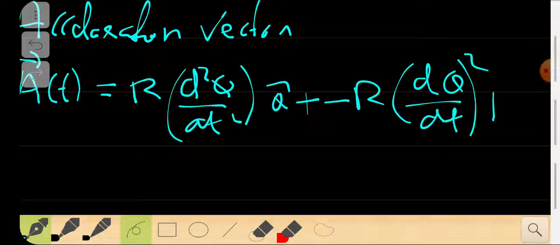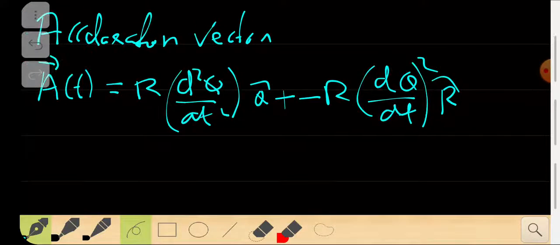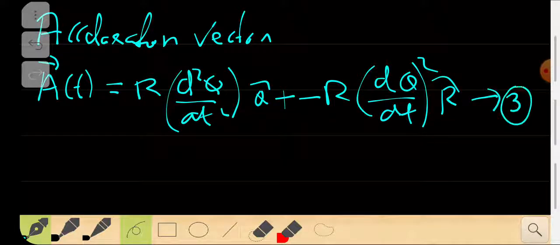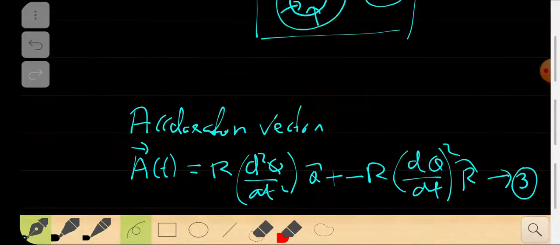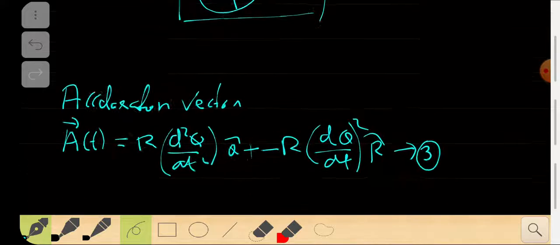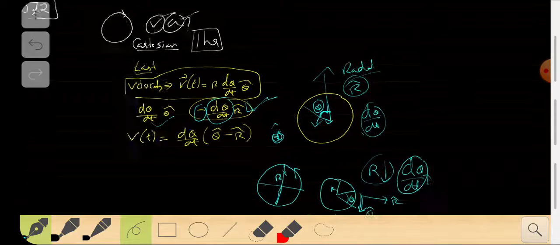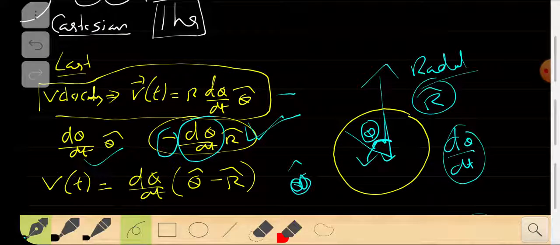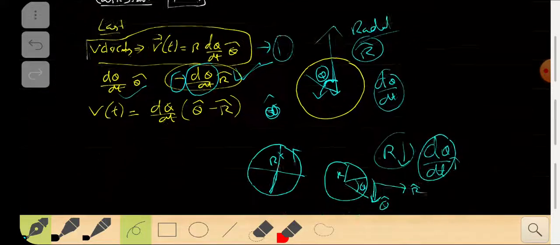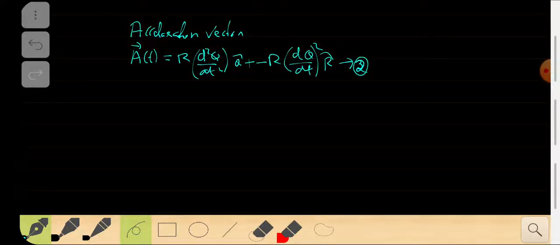We did this last time, so I'm not explaining it again. This is what we got in the final part of lecture 107.1. Let's call this equation 2, the first equation being the velocity vector. We have to keep track of what we are doing. Now that's the acceleration equation.